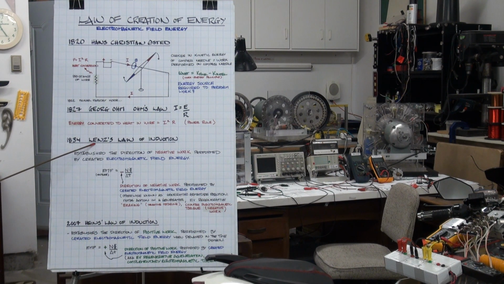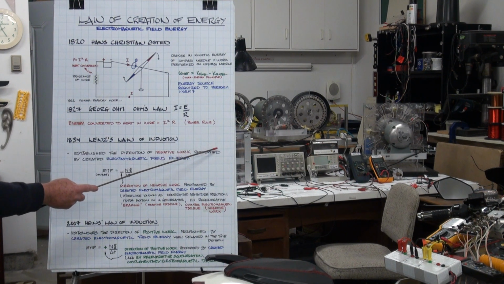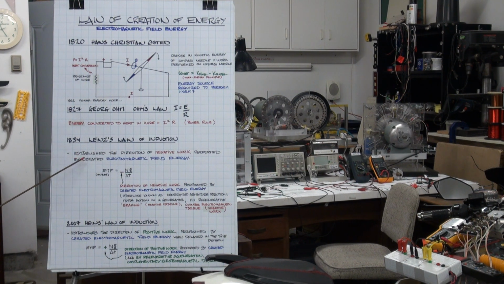In 1834, Lenz's law of induction was established by Emil Lenz, and it established the direction of the negative work performed by created electromagnetic field energy in electric generators.